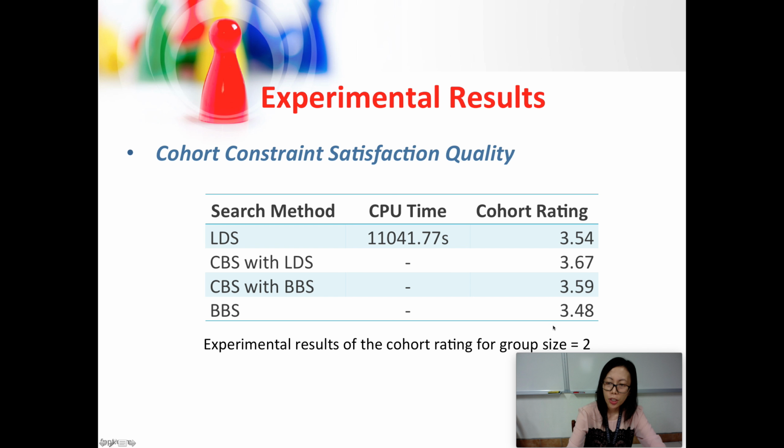So, meaning the cohort rating shown here is only the best or the optimal cohort rating thus far in the 24-hour period. Now, since there are only four parameters in this instance, a cohort rating of 4 would be perfect, but of course that would be quite impossible given randomly generated records or randomly generated instance.